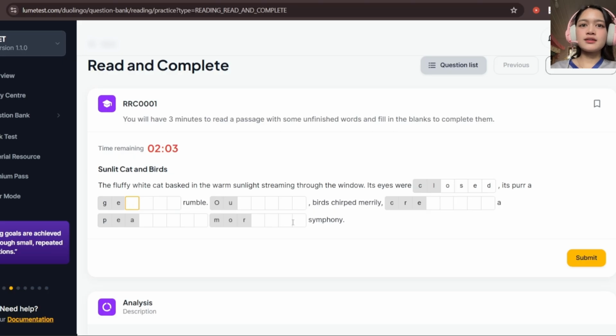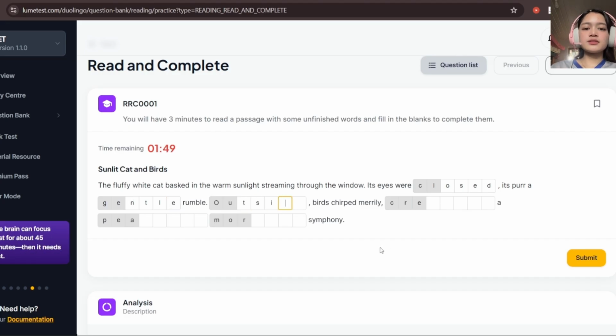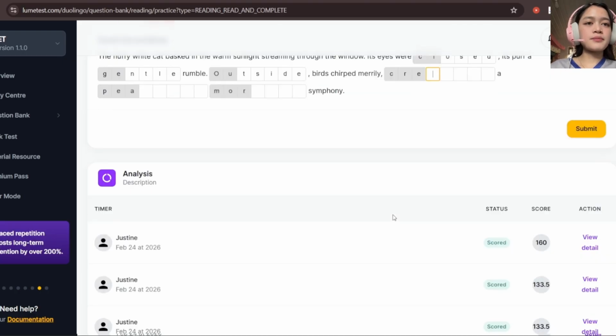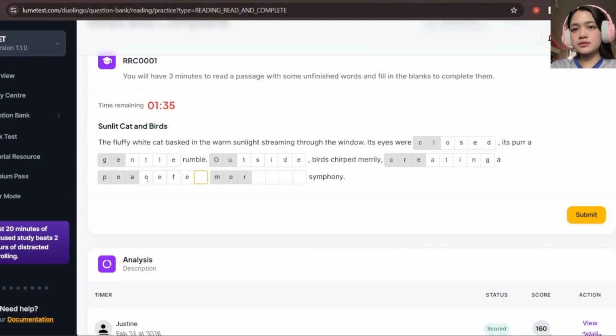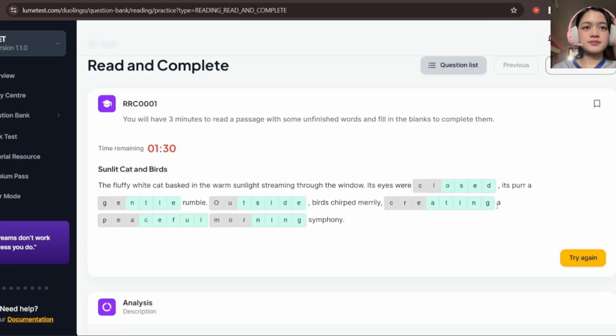Blank a blank symphony. So I think this is gentle. Ramble outside. Outside, birds chirped merrily, creating a peaceful morning symphony.